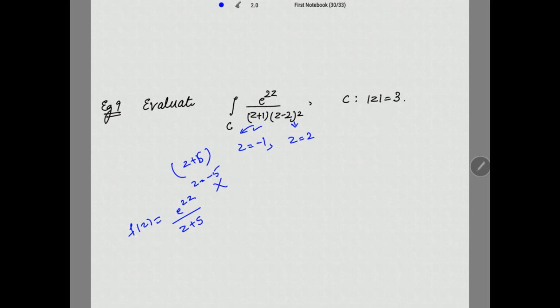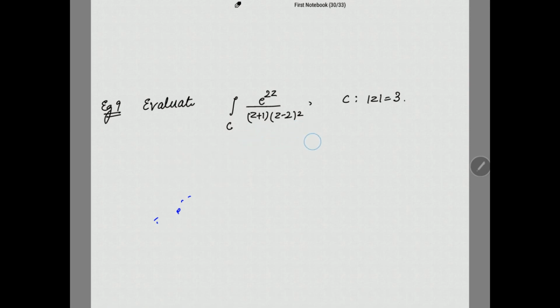But because minus 1 also lies inside the circle and 2 also lies inside the circle, my f(z) will be only e to the power 2z. So now the circle is mod z is equal to 3.